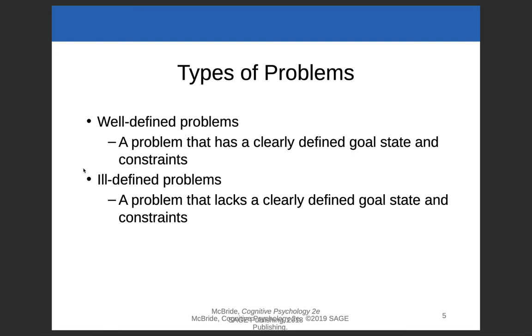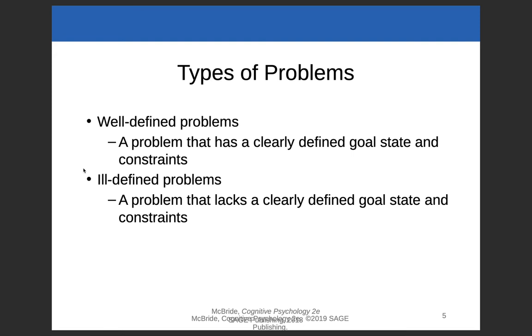So games, for example, like chess. Chess has very clearly defined goals, very clearly defined constraints and rules. Those types of problems are very well defined. And then there are those problems that are ill-defined, that lack a clearly defined goal state and constraints. So for example, what do I want to do with the rest of my life?